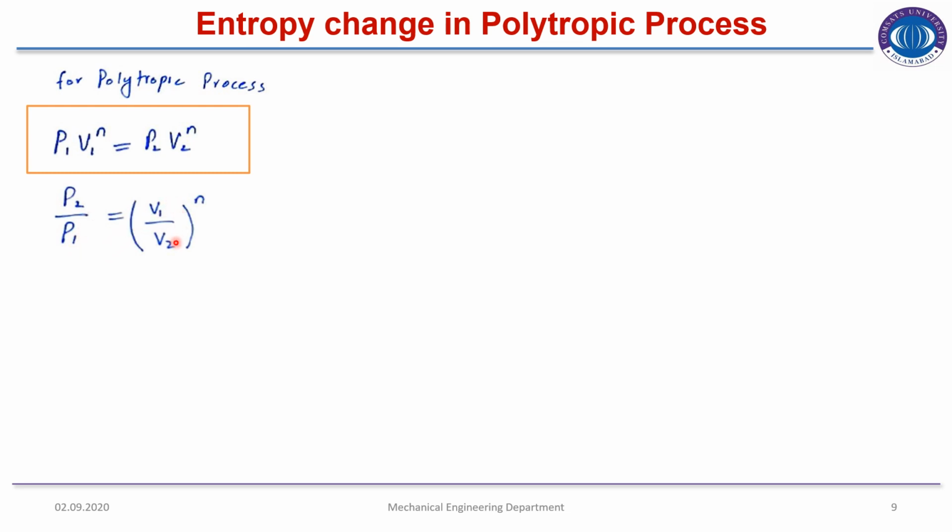That comes out to be (V1 over V2) to the power n, where n is the polytropic index. So that was the main relation we found in the previous slide: change of entropy is equal to R into (n minus gamma) divided by n into (gamma minus 1) natural log P2 over P1.